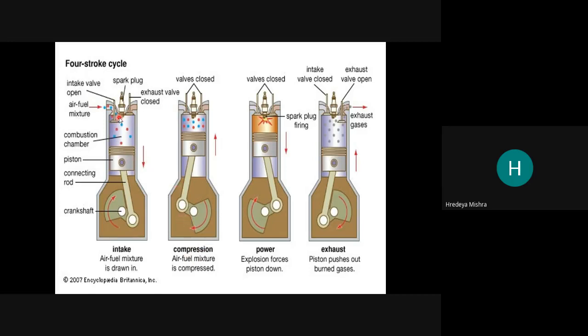It compresses the air fuel mixture. Now the air fuel mixture has entered the chamber and the intake valve is closed. See, this valve is closed now, and the piston moves in the up direction.